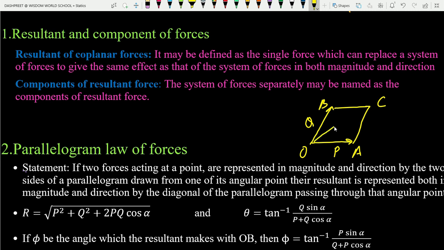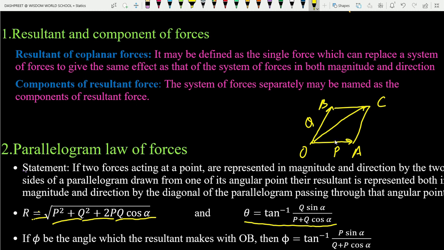Then the diagonal of this parallelogram from the same angular point O will give the resultant of the forces P and Q, and the magnitude of this resultant R will be given by the formula R is equal to root of P square plus Q square plus 2PQ cos alpha, and the direction of this force will be given by the formula theta is equal to tangent inverse of Q sin alpha upon P plus Q cos alpha.